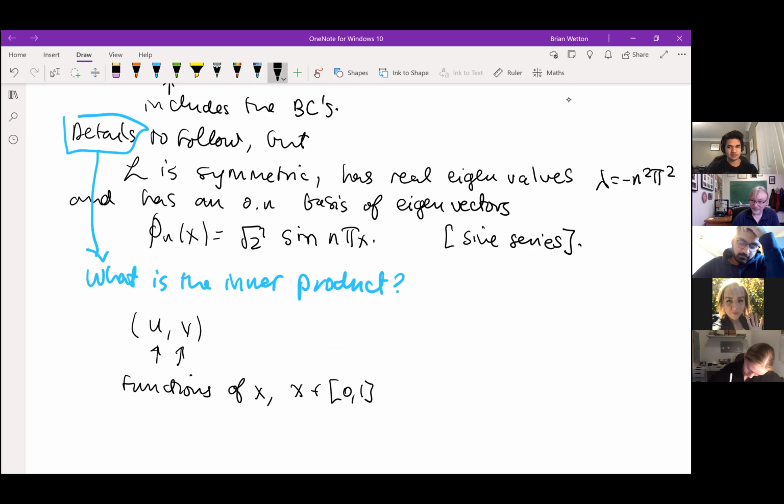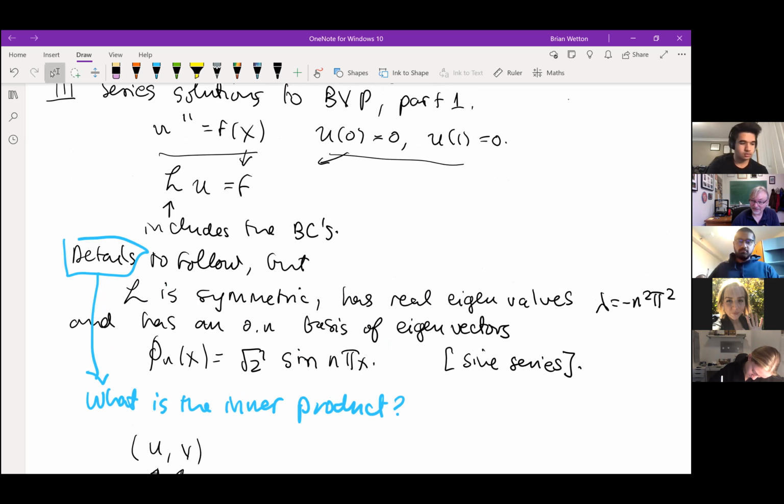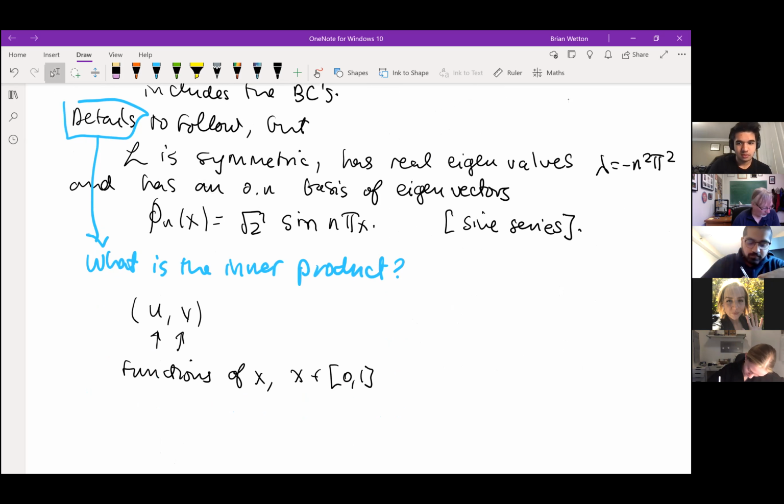And to be able to apply L to them, to take the second derivatives, they have to be in the class of functions that also satisfy the boundary conditions. So this is working on a set of functions with both of them having the boundary conditions that I want.